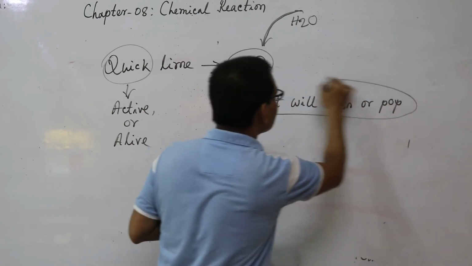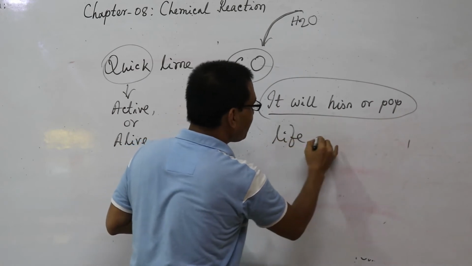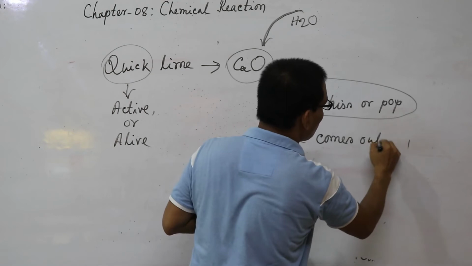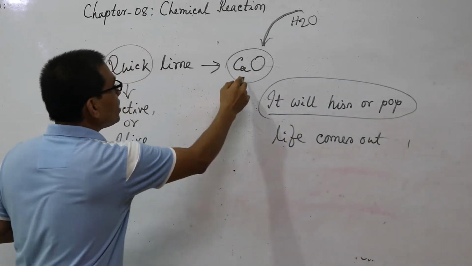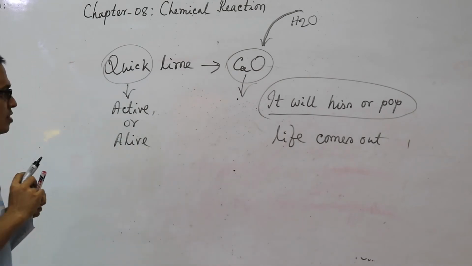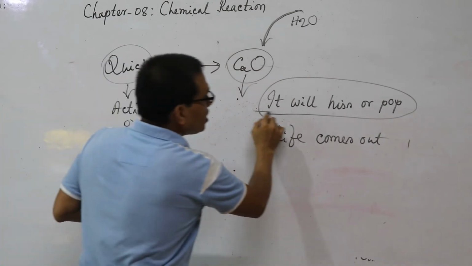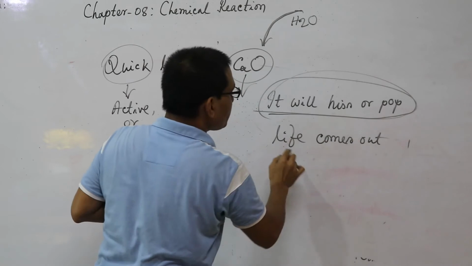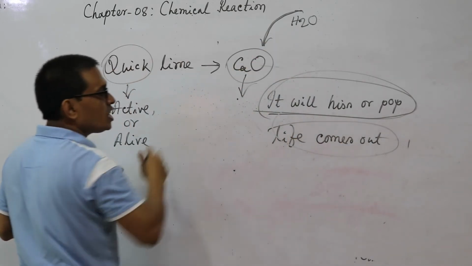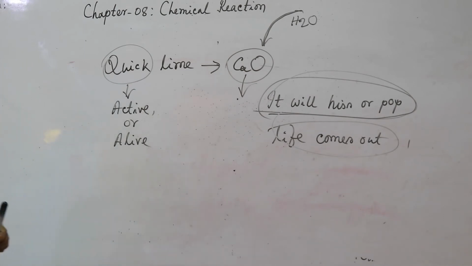That means life comes out. That's why it is known as quicklime. Note it. It will hiss or pop. That means life comes out when water is added. That's why it is known as quicklime.